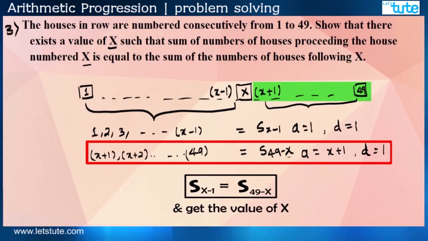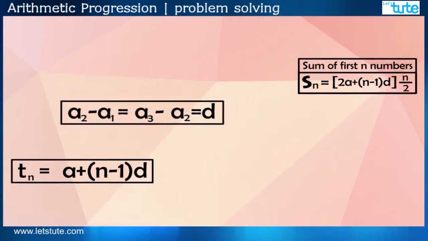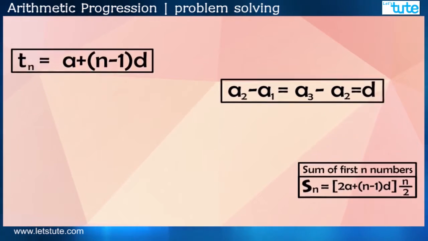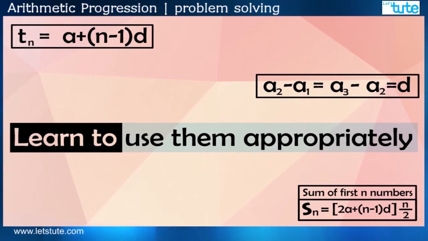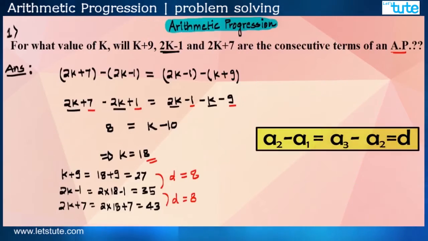Okay, so this is all the picturization of each and every question you must do before attempting them. Formulae are just like a machine in which we put data and get the required value. But collecting data and using it in the right way is what we must learn. Like in the first question, we used the principle that differences must be equal.